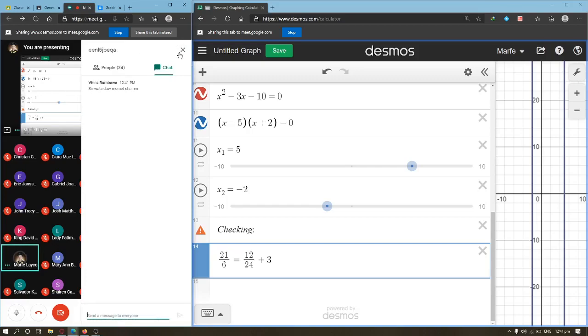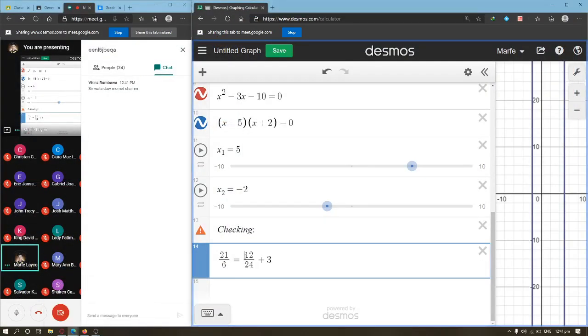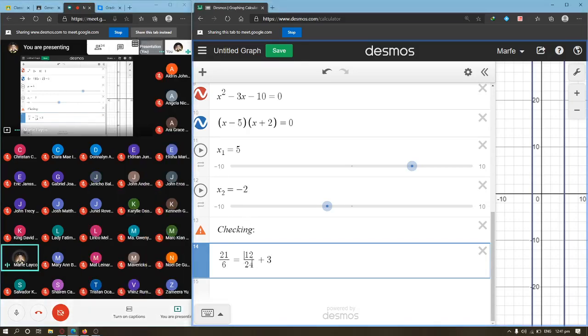Sige, yung mga walang internet, ayan, okay lang, naka-record naman, sige. So, simplify natin or lowest term natin yung 12 over 24, magiging 1/2. Tama? Tama ba? So, 12 over 24 is yan.